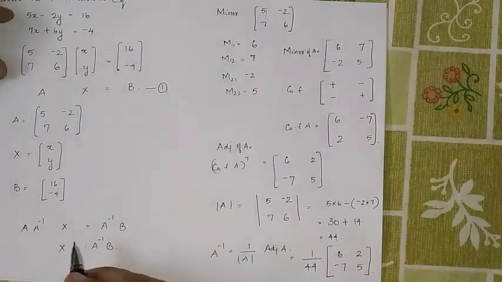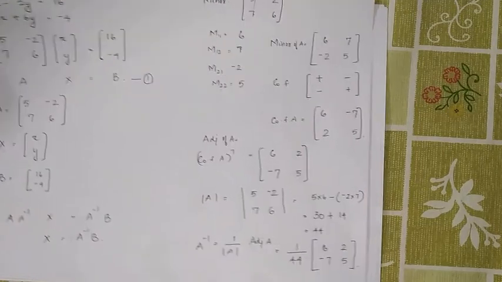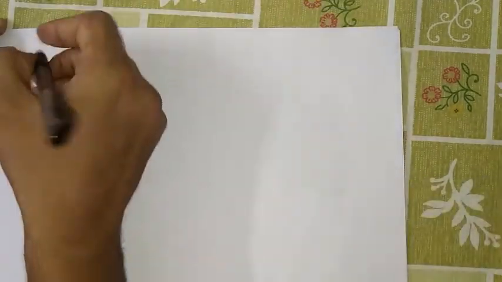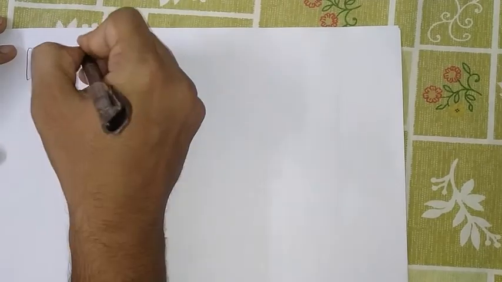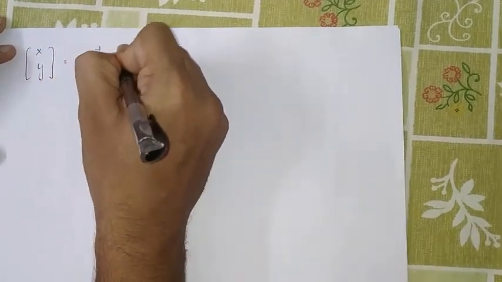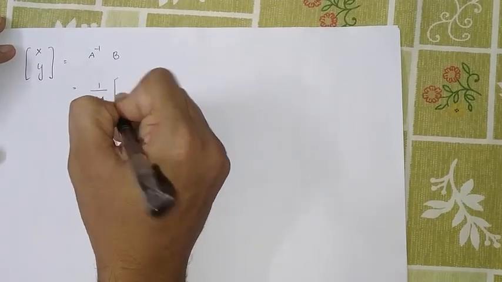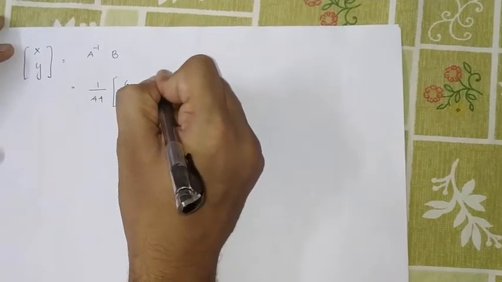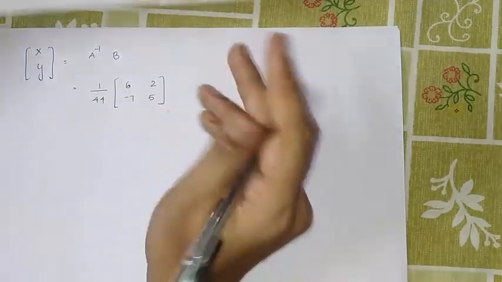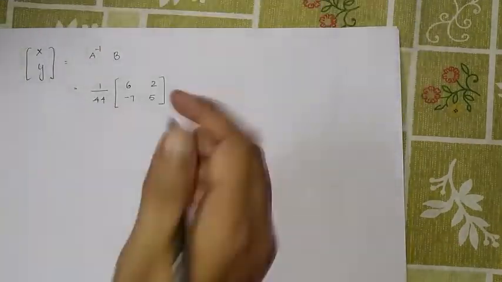Now we know that what we have to find is X, so A inverse into B. So x, y is equal to A inverse B. A inverse is 1 by 44 into 6, 2, minus 7, 5, into B. Matrix B is 16, minus 4.